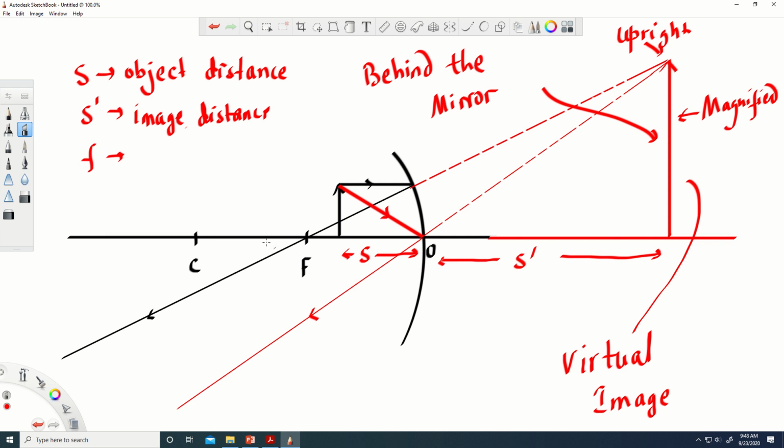Focal length is again the distance between F and O. So this distance is F, the focal length. And the relationship between S prime, S and F is 1 over F is equal to 1 over S plus 1 over S prime. By using that, you can find either focal length or object distance or image distance.